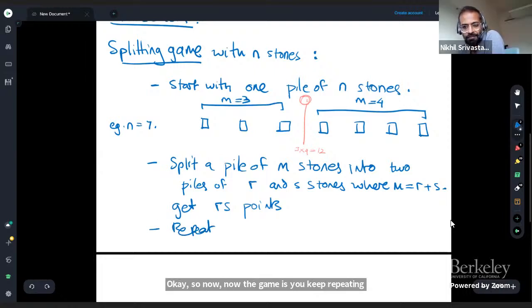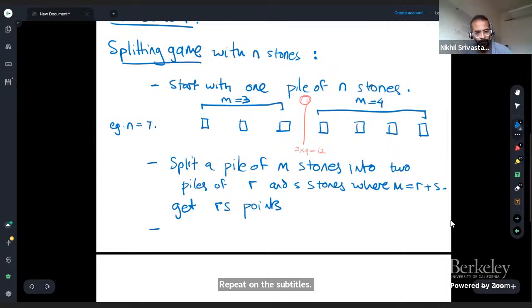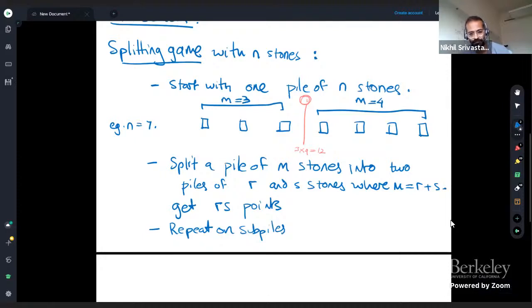Repeat on the subpiles until all the piles have 1 stone.